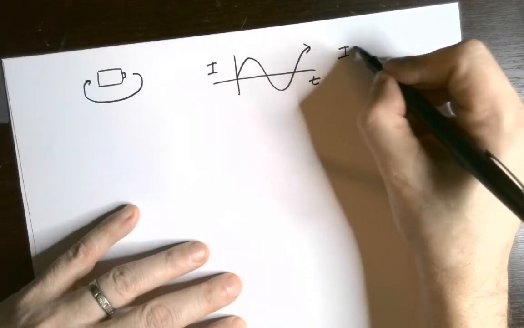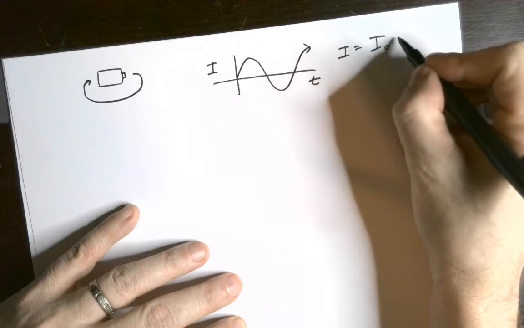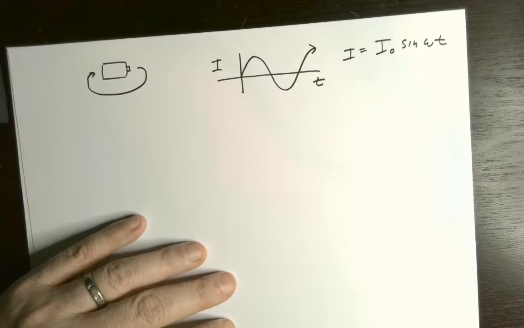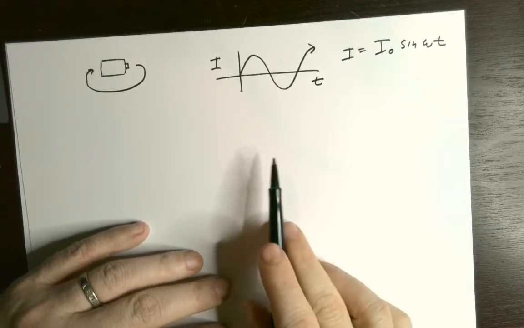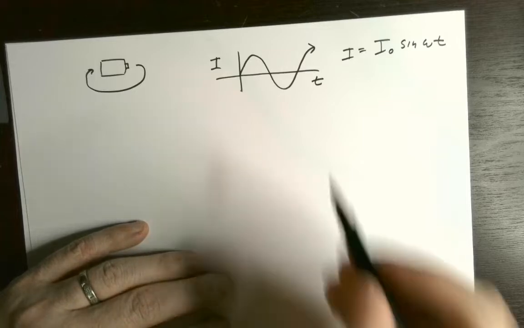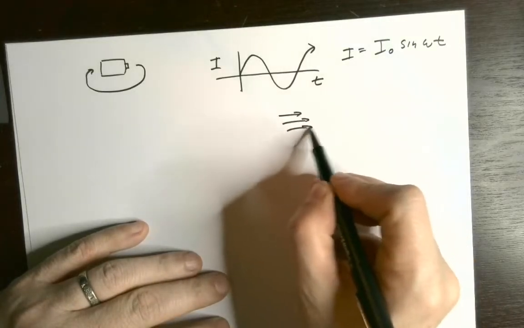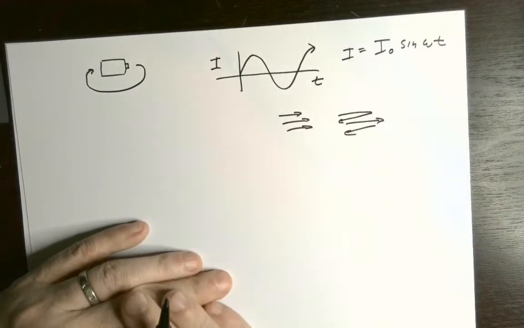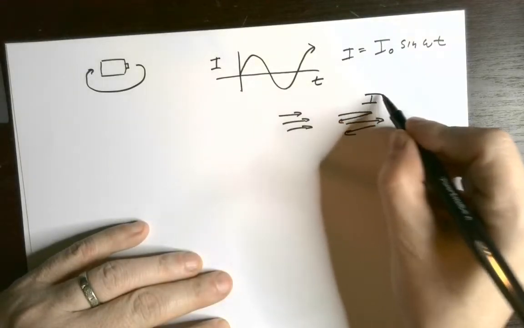So the current equals some maximum current times, say, sine of omega t, which means that if you plug a wire into an outlet in your house, the current isn't just flowing in one direction, it's flowing in one direction, then the other direction, back and forth. That means the current is constantly changing.